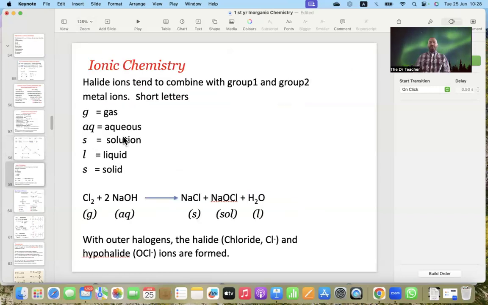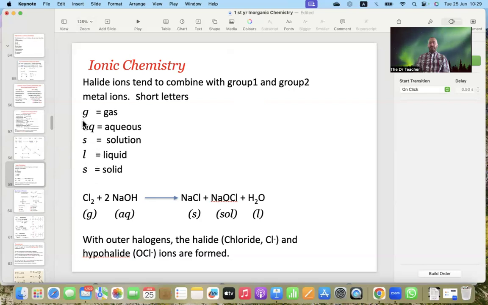In ionic chemistry, halide ions tend to combine with group 1 and 2 metal ions. So we usually use short letters. G means gas, AQ aqueous, S solution, L liquid, S solid.